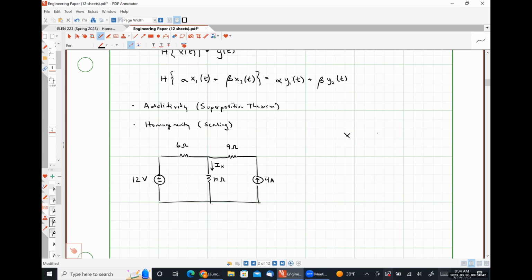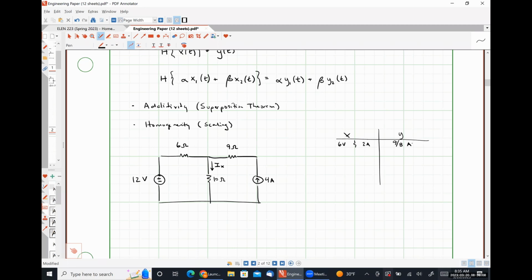On the left-hand side is going to be my inputs, and on the right-hand side is going to be my outputs, right? So when I applied a 6-volt source and a 2 amp source, I found out that my response or my output was 9/8 of an amp.